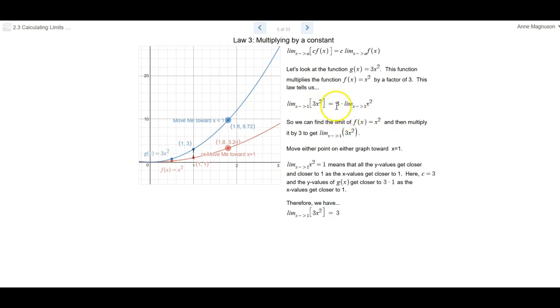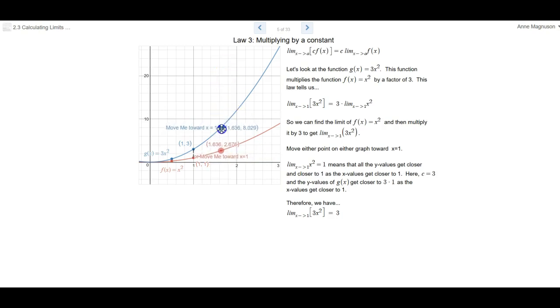Well, like we saw from the previous slide, the limit as x approaches 1 of x squared is just 1. So this law is telling us that we can just multiply 1 by that constant c, and our limit is 3. And it makes sense that when you multiply a function by a constant, if you recall from pre-calculus, you are doing a vertical stretch.